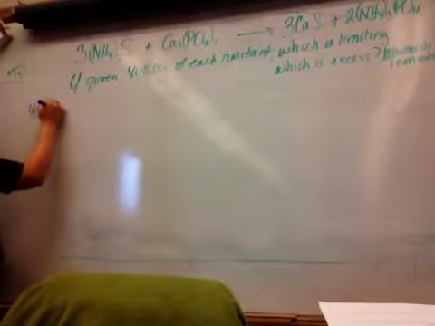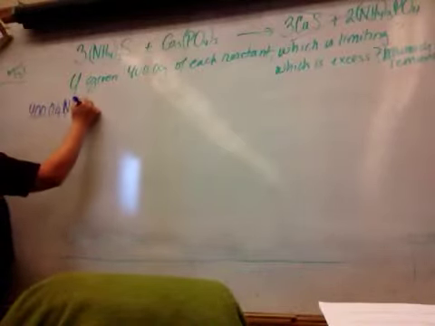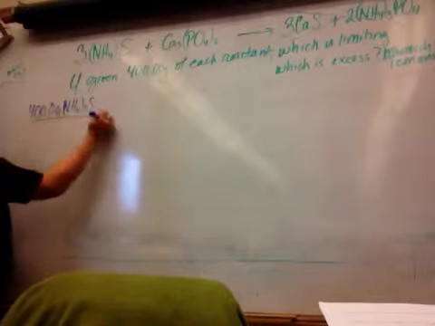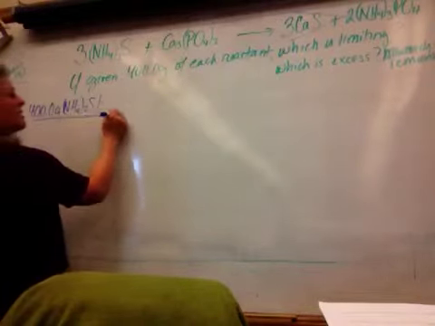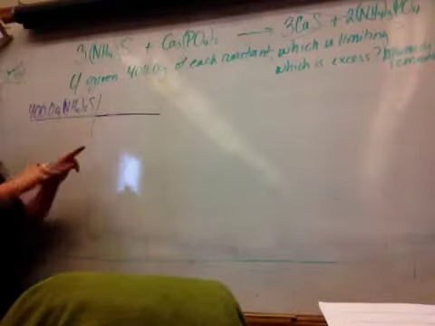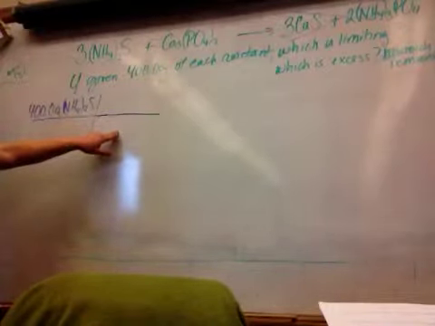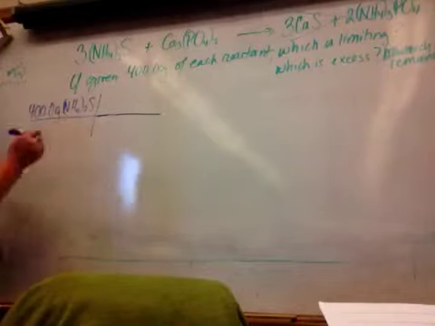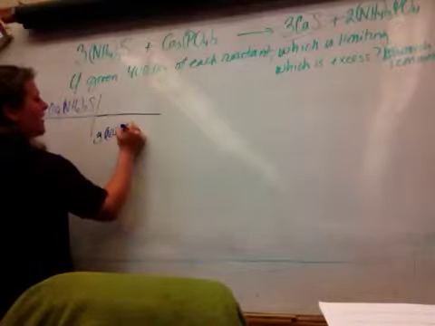So 400.0 grams of ammonium sulfide is our given. Now, let's get through our whole setup here. Units in chemical, here: grams of ammonium sulfide.